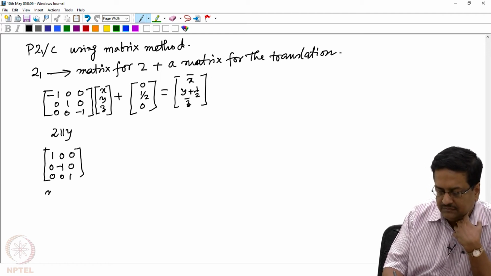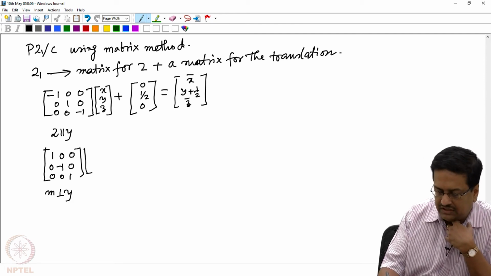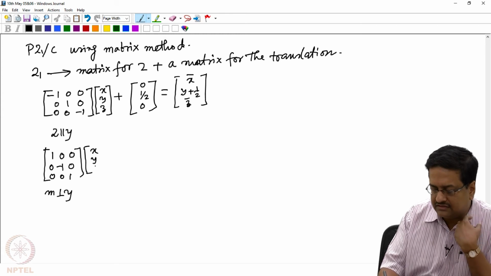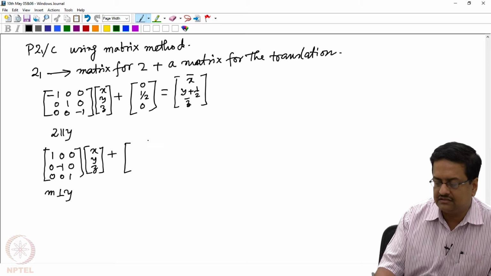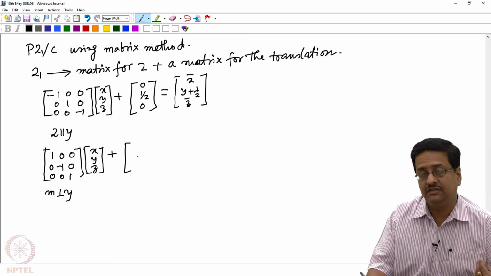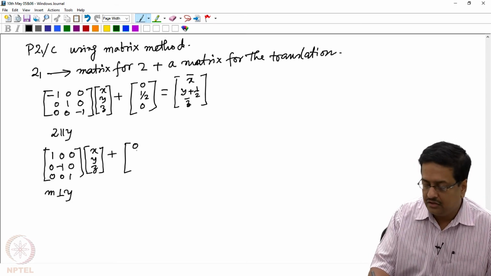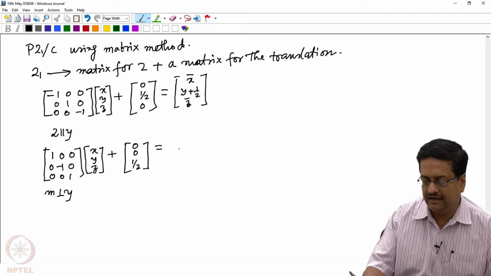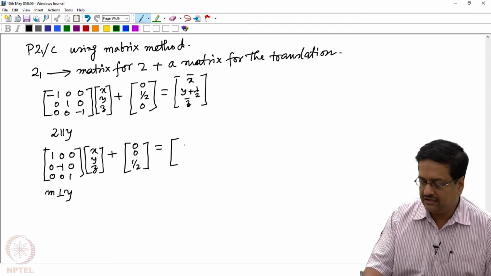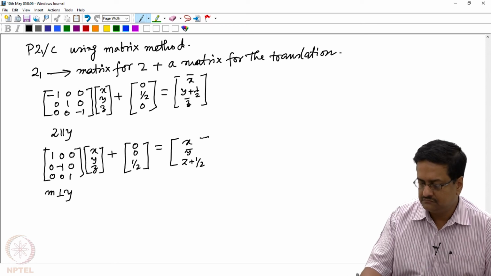This is a matrix for mirror perpendicular to y. We multiply this with the coordinates x, y, z, and then add the translation, which is the C glide translation. That means the translation is along z. So 0 0 half is the translational component added. We end up getting the points x, y bar, z plus half.